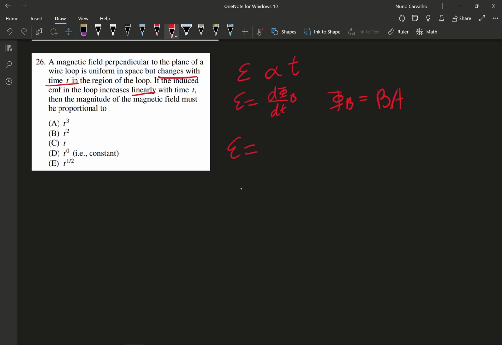So really, the EMF is going to be given by the change in the magnetic field magnitude times A. Keep in mind that we're taking the derivative, so we can think about taking the integral of this to get the magnetic field, which is to say that if this is true, then this must be true: the magnetic field is going to be directly proportional to t squared. So the answer choice here is B.